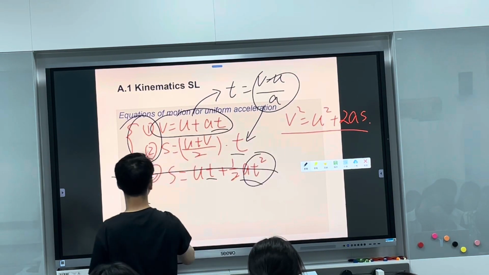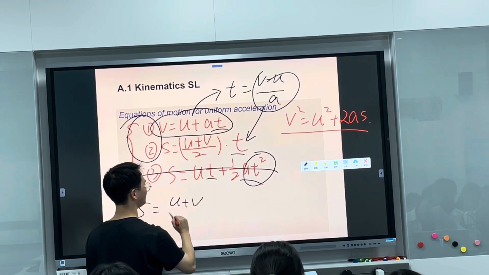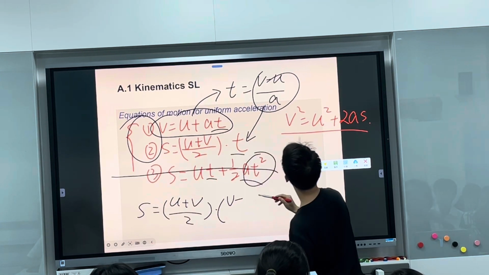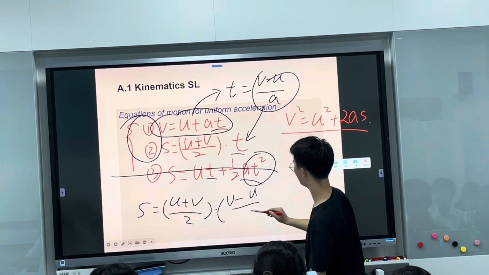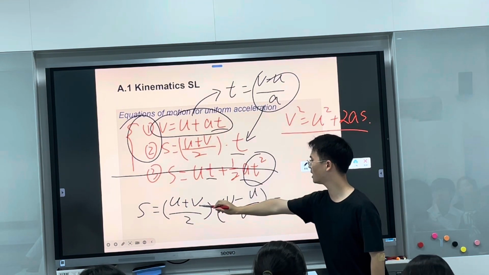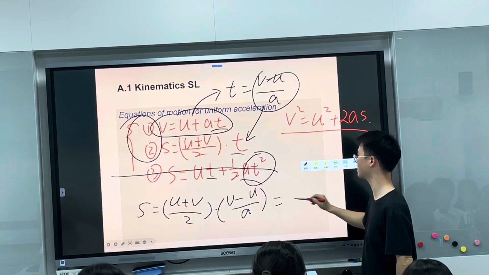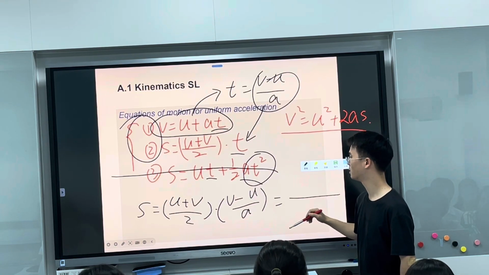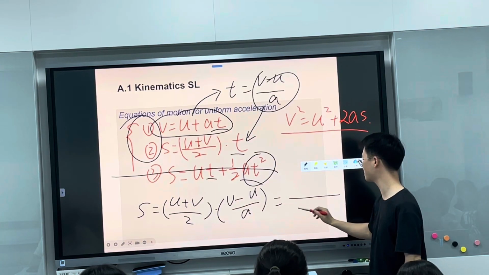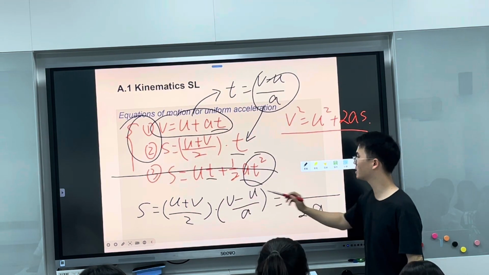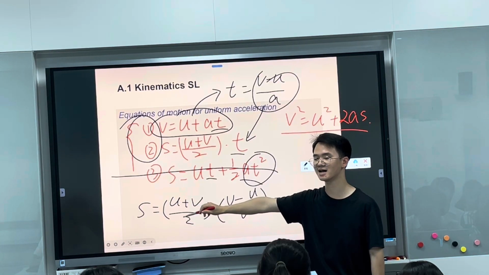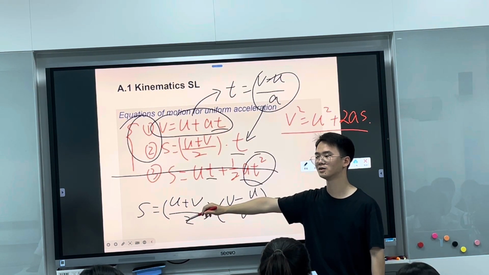We're going to get s equal to u plus v divided by 2 times v minus u over a, right? Okay, so numerator times numerator, denominator times denominator gives you 2a. What do you call the thing on the top? The numerator.